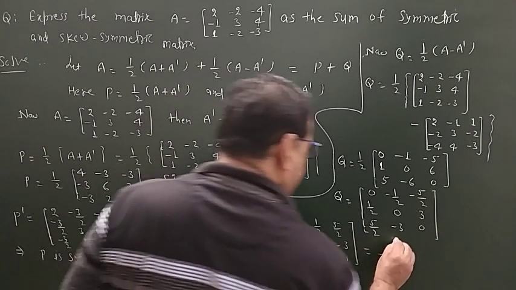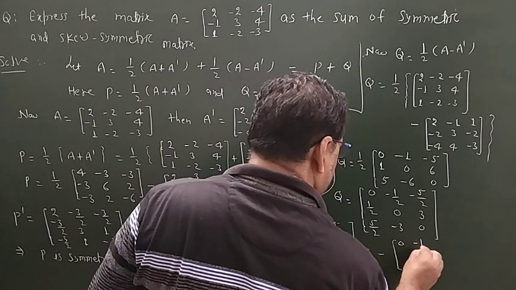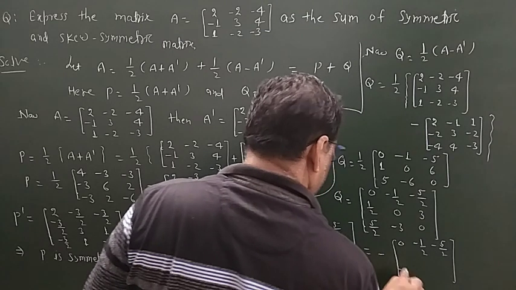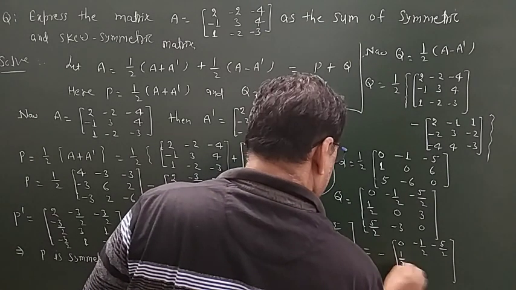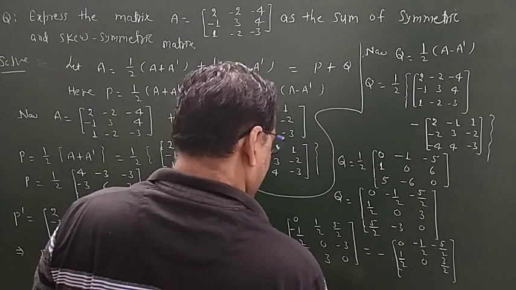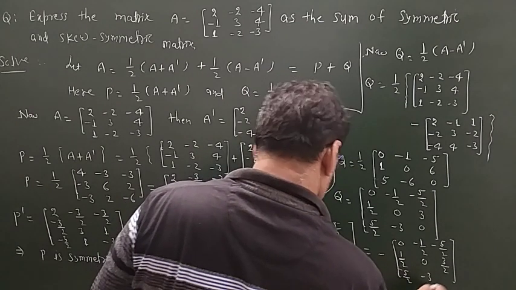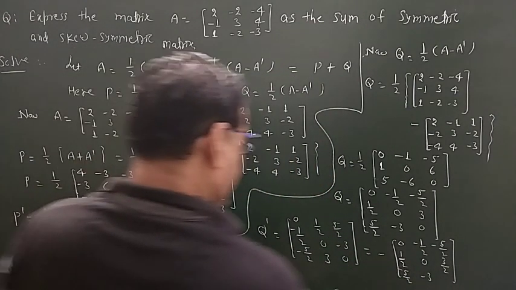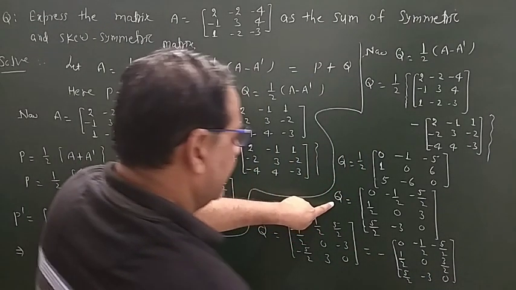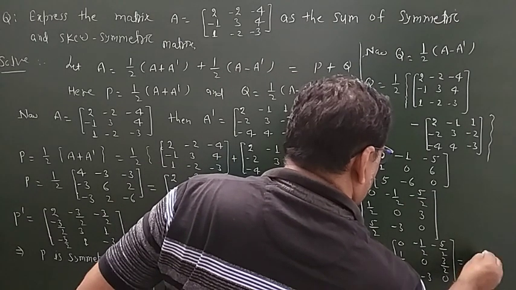If we take minus common there, so we have 0, -1 by 2, -5 by 2, 1 by 2, 0, 3 by 2 and 5 by 2, -3, 0. And this is a matrix again Q, 0, -half, -5 by 2, so it is minus Q.